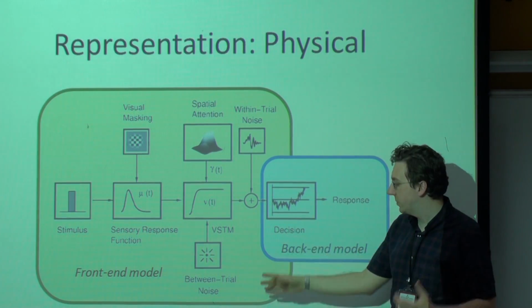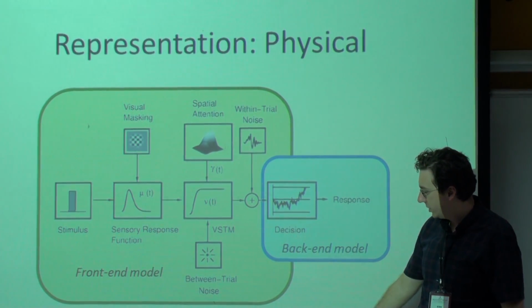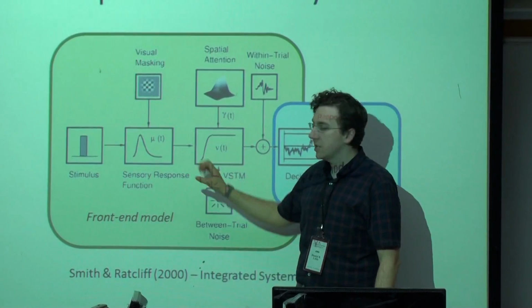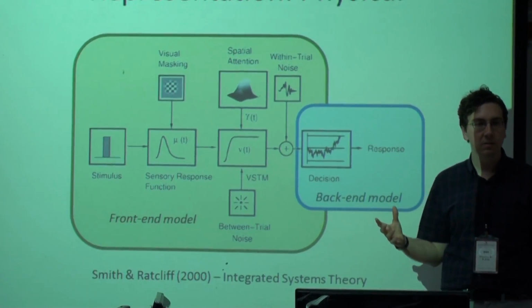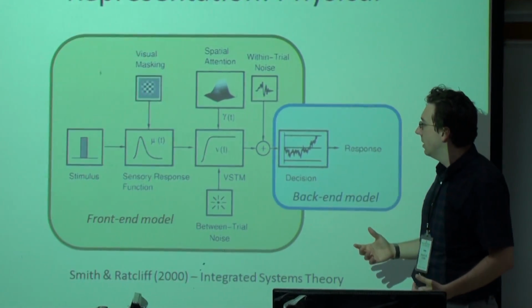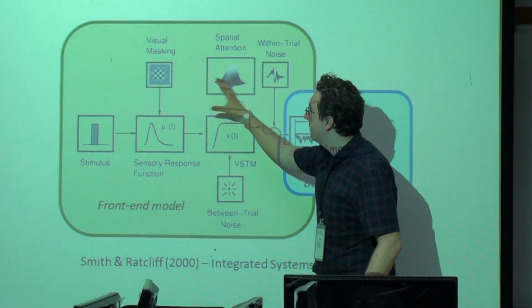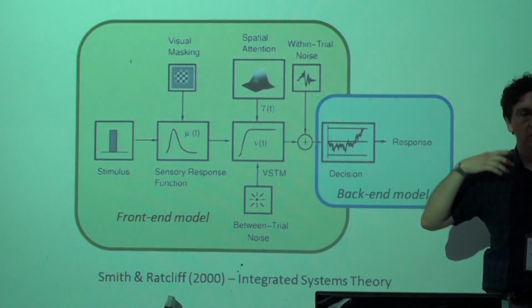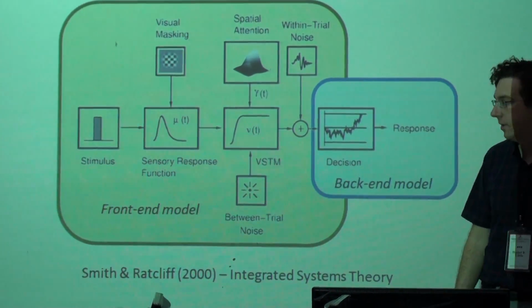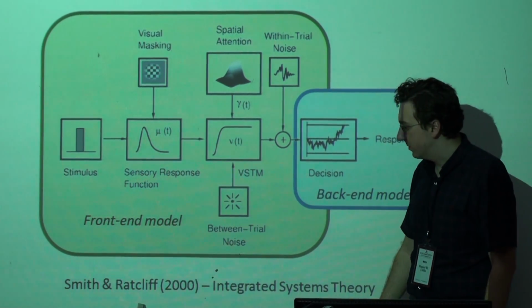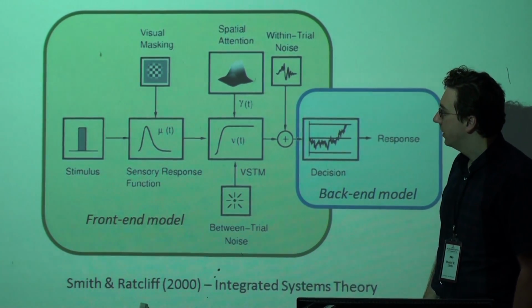And this particular model attempts to integrate some aspects of early sensory processing, so early visual processing, and this early visual processing then drives how much evidence you have for one choice or another. This is a model by Philip Smith and Roger Ratcliff.